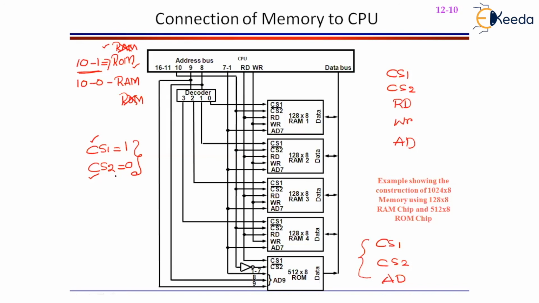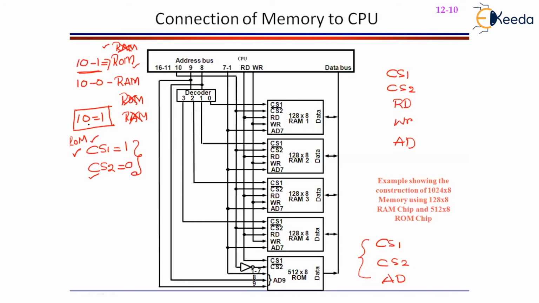So what we'll do is, let us say the 10th digit is equal to 1. For an instance, let us take the 10th digit is equal to 1. Now we need to ensure that all the RAMs must be disabled and ROM should get enabled.